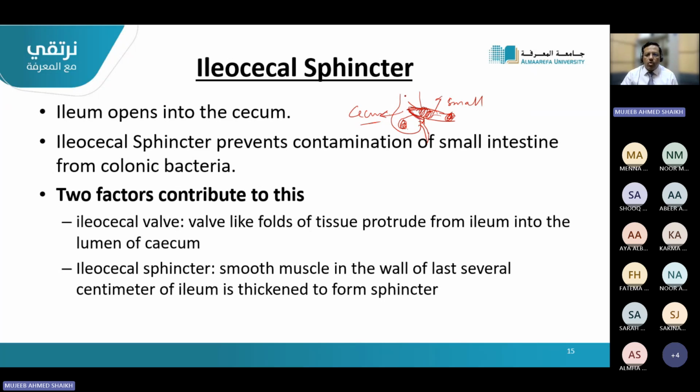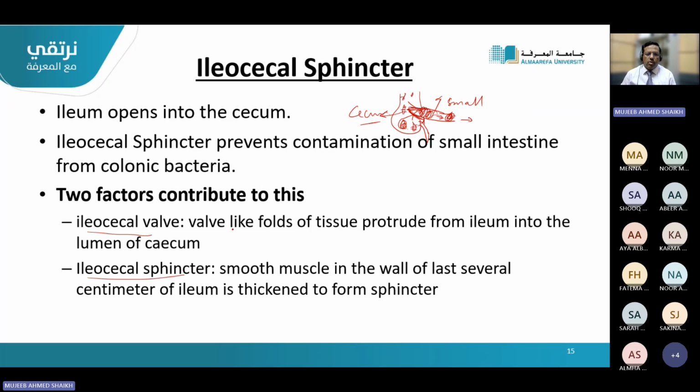Why? Because here in the large intestine, many different types of bacteria are present. They should not enter into the small intestine to avoid infection. So ileocecal valve is there, and there is an ileocecal sphincter.